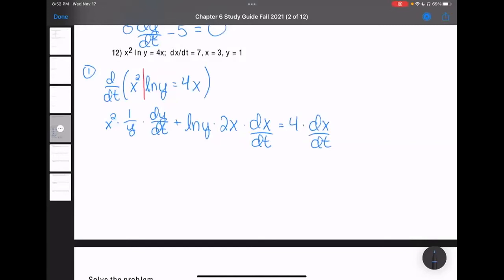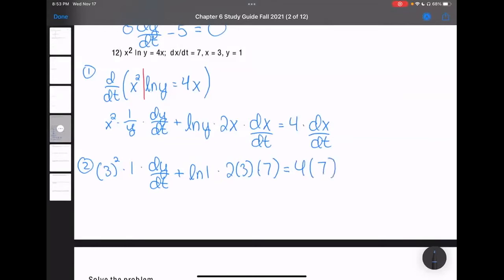Step 2, plug in our known variables. So let's plug them all in. 3 squared times 1/y, which is just 1, times dy dt, plus the natural log of 1 times 2 times 3 times derivative of x, which is 7, equals 4 times derivative of x, which is 7. Let's clean this up.